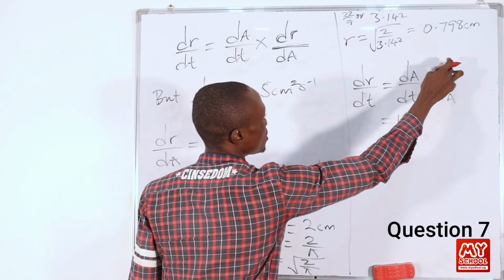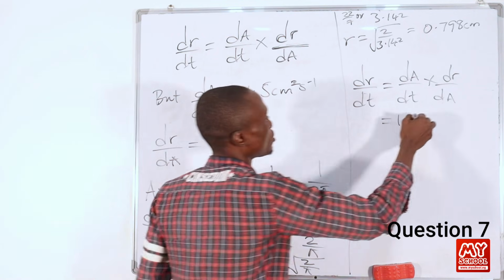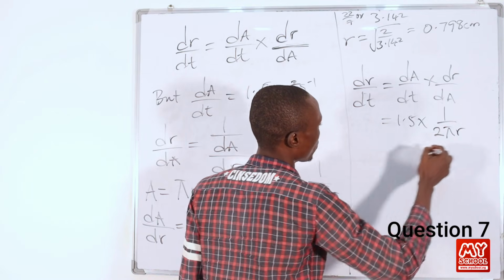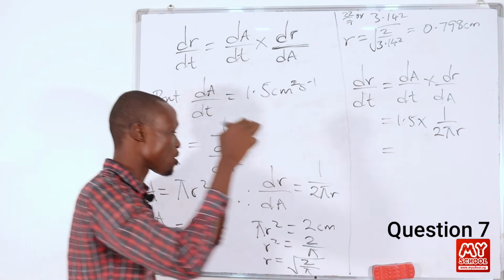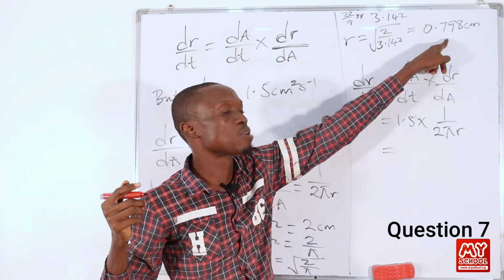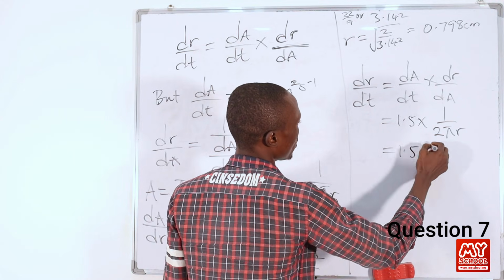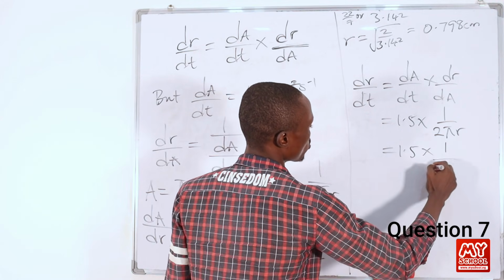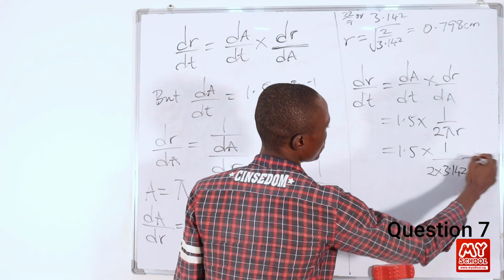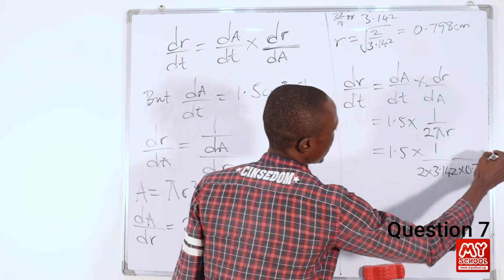And we know that dr/dA is equal to 1 over 2 pi r. So we put in our 1 over 2 pi r. But our r is equal to 0.798, so we simply substitute. This will be 1.5 times 1 over 2 times 3.142 times 0.798.